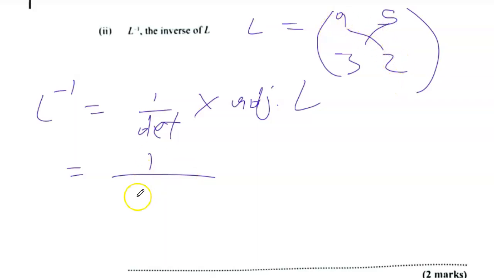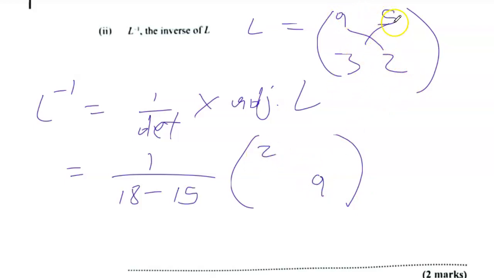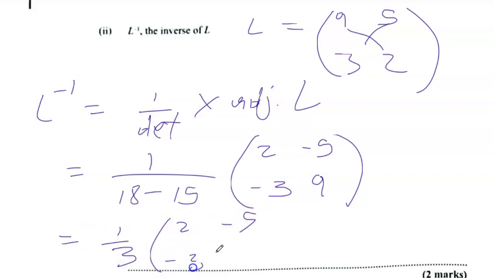So 2 times 9, 18. 3 times 5, 15, right? The adjoint, the first diagonal, we switch the values. So 9 and 2, we swap these values. And then the other two values, we change signs. So minus 5, minus 3. So that's 1/3 into 2, minus 5, minus 3, 9.